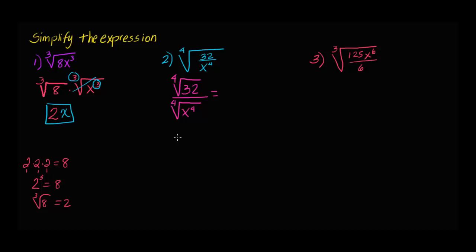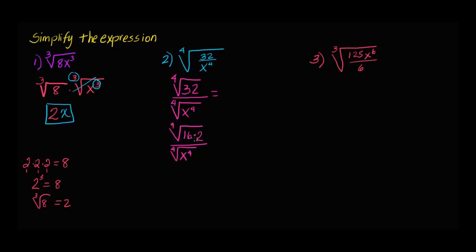For example, I can rewrite the 4th root of 32 as the 4th root of 16 times 2. Is 16 times 2 equal 32? Yes, it is. And then in the denominator, I just rewrite what I had before.